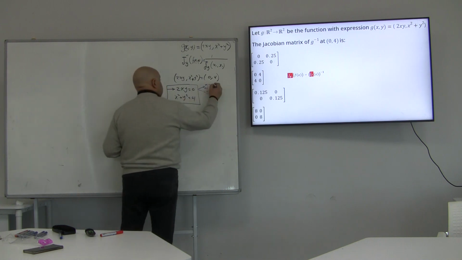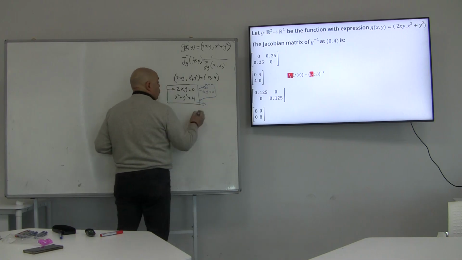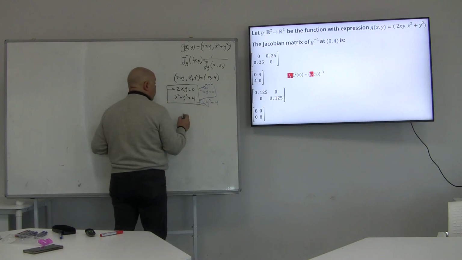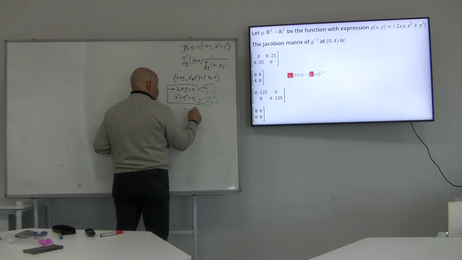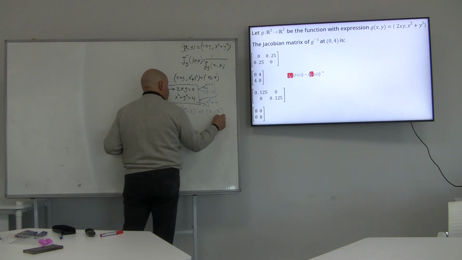Okay, if x equal to 0, I will use this data and go for the second equation, which means that y squared equals 4. And now I will have 2 points, 0 and 2, or 0 and negative 2.